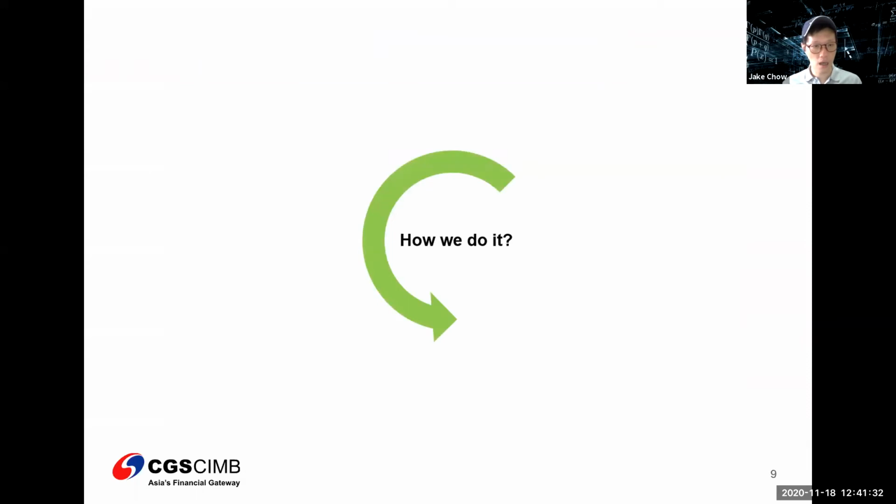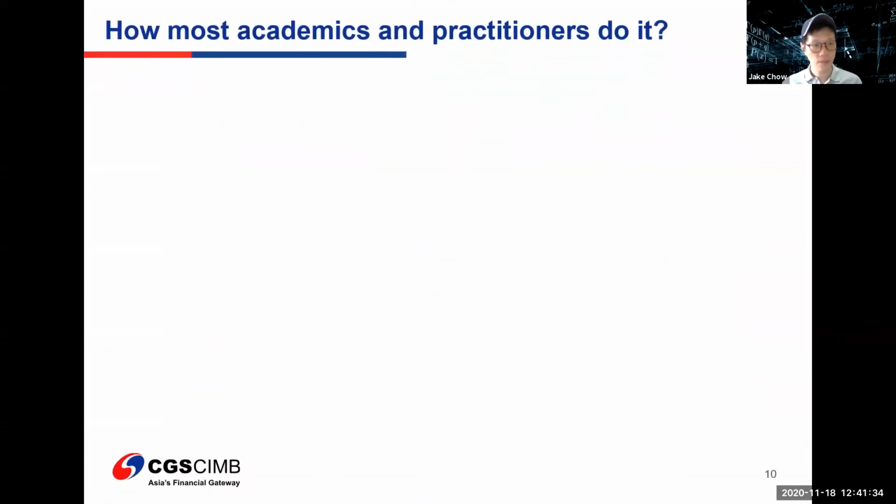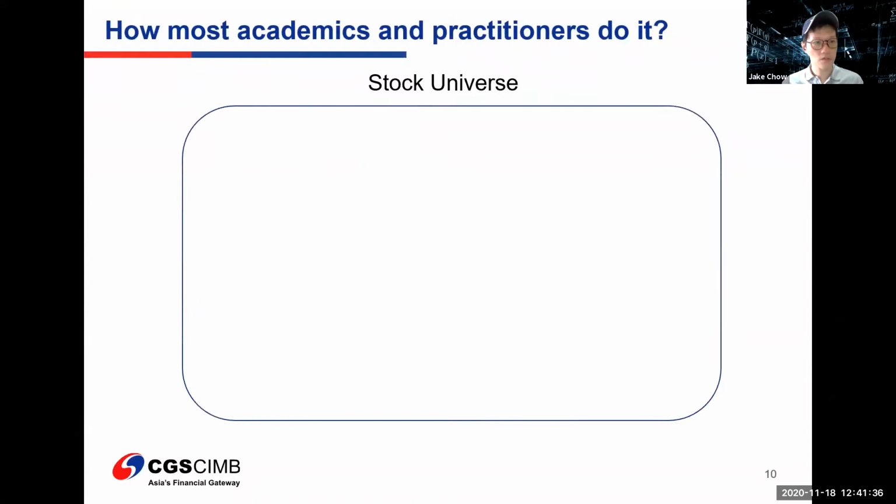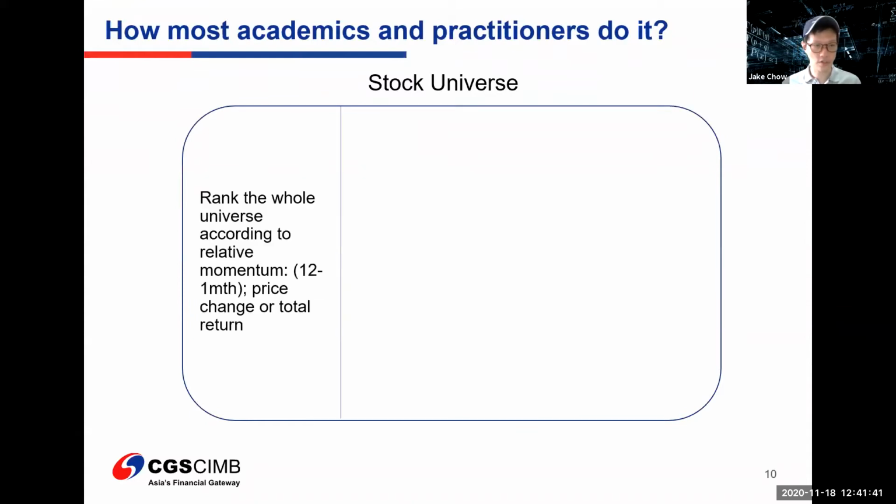And how do we do it? Most academics and practitioners basically do this. They rank the whole universe according to a relative momentum metric, for example the 12 minus 1 month, whether it's price change or total return or some other form of measurement.